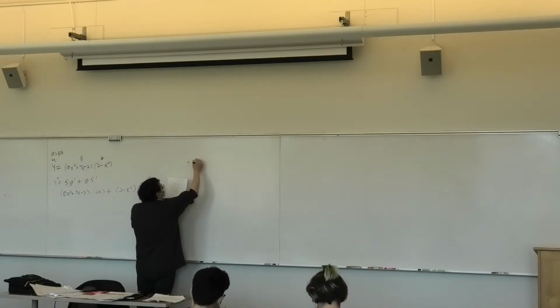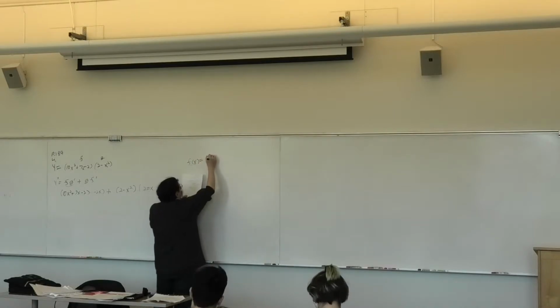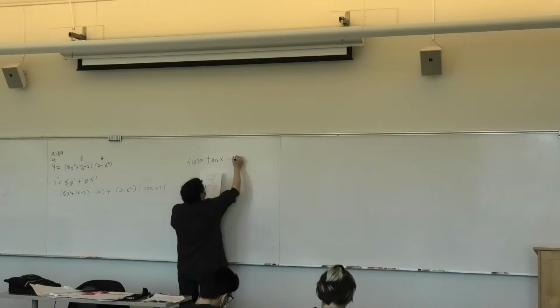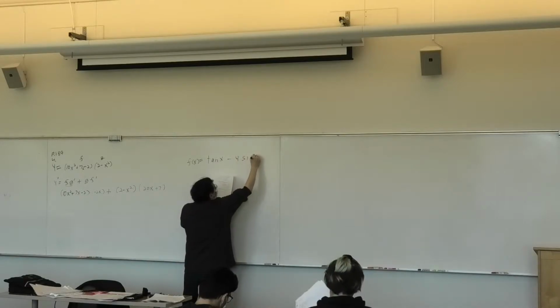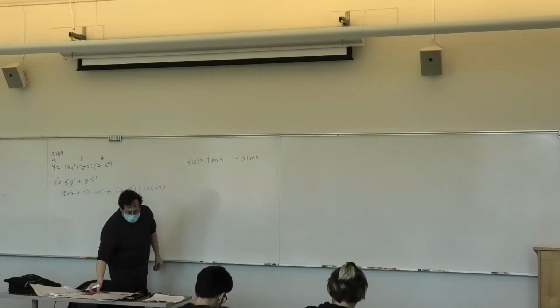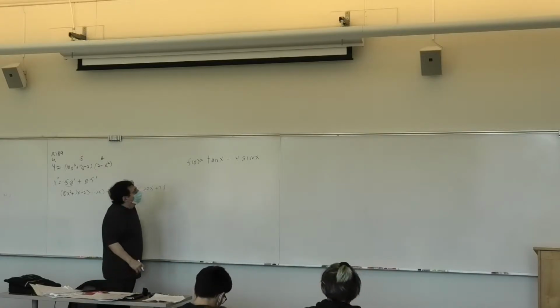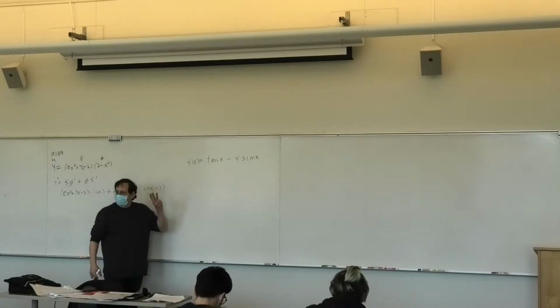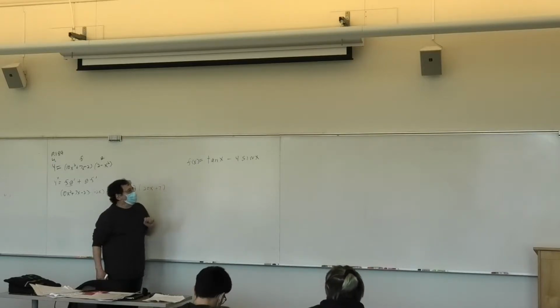F of x equals tangent of x minus 4 sine x. Now, in the beginning, you look at this and you see like 3 or 4 different pieces of information you need to know. But as you get on, you can skip some of them.